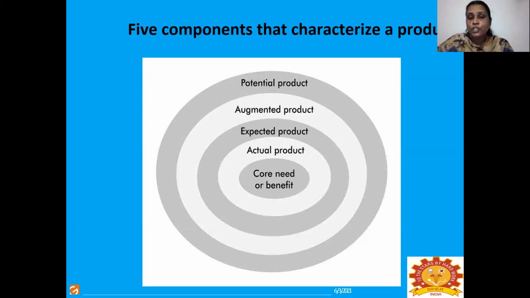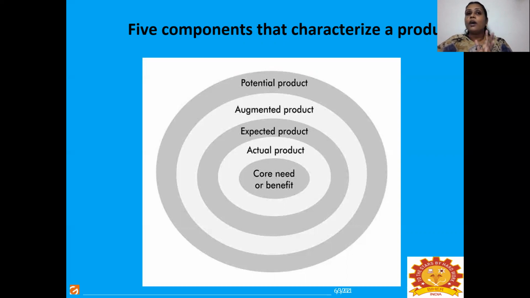Then we have the actual product. Here for actual product, we could also say generic product. This is a basic item with essential features. Now this element is fundamental for a startup because in the early stages, you must generate profit as soon as possible.